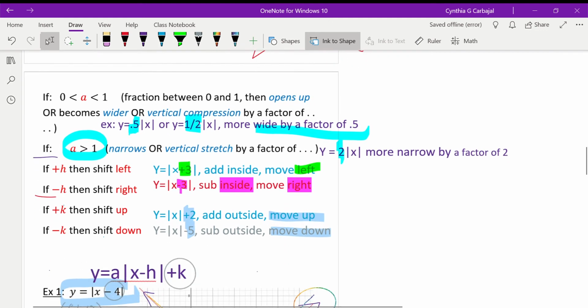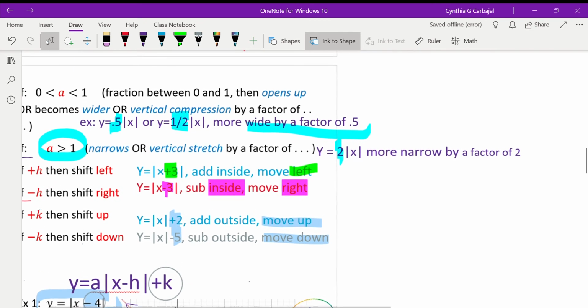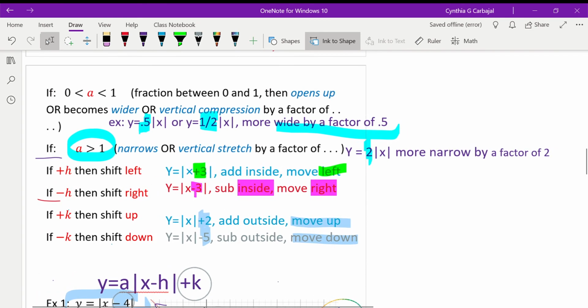Next, this is the most important thing you'll need to know for this assignment. So when you go back and look at your notes, this section is what you want to focus on. If the number in front of the absolute value sign is a fraction between 0 and 1, then the function is going to get wider.